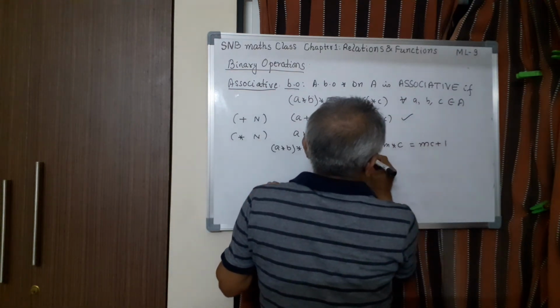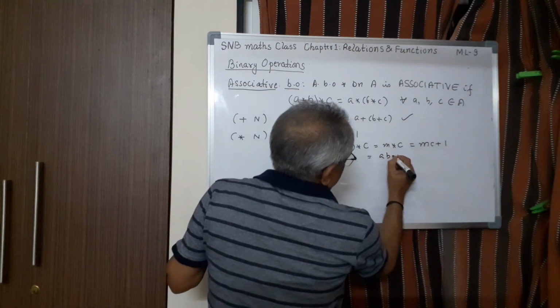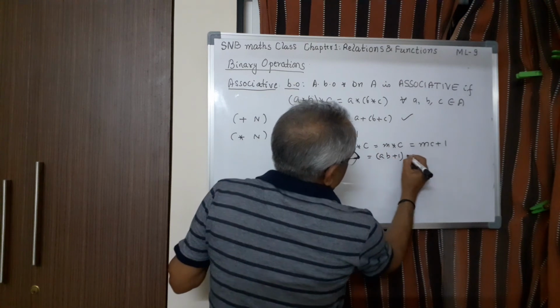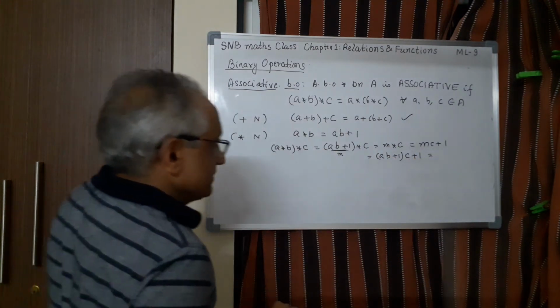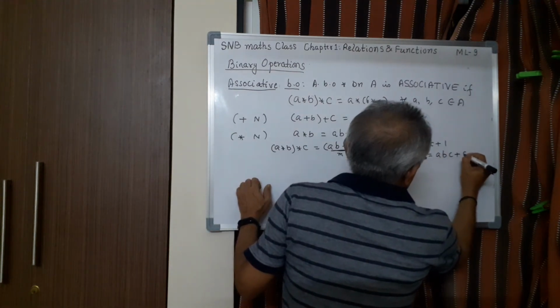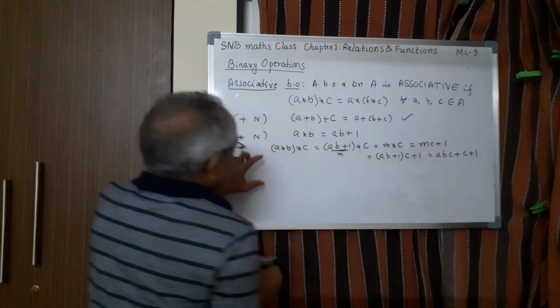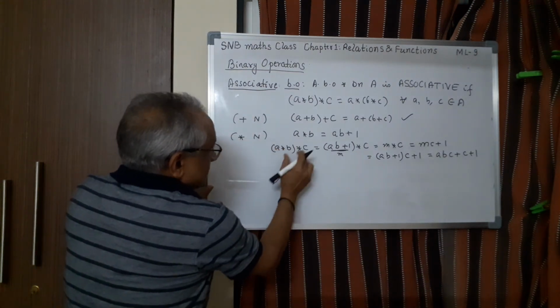Now you substitute. M is actually AB plus 1. So AB plus 1 into C plus 1. Definitely its simplification is ABC plus C plus 1. So this is A star B, then star C.